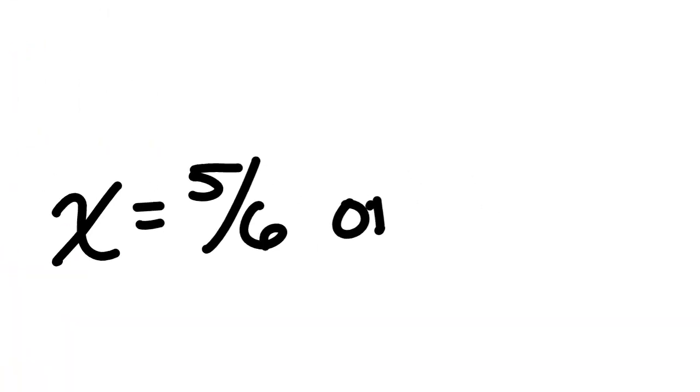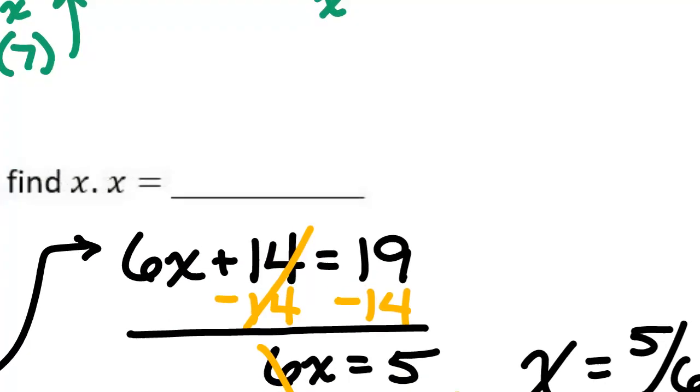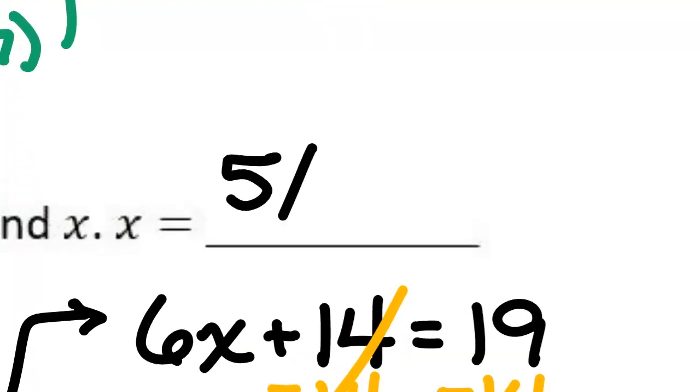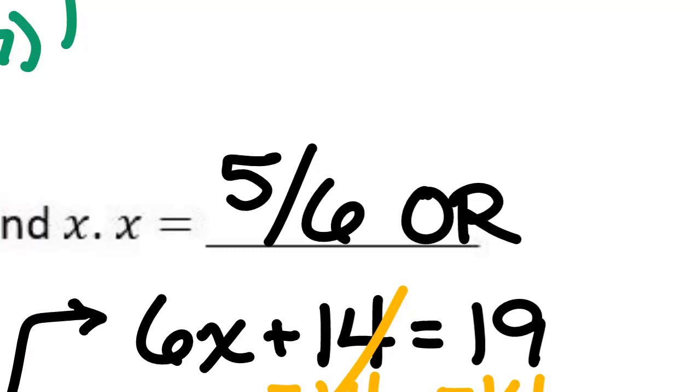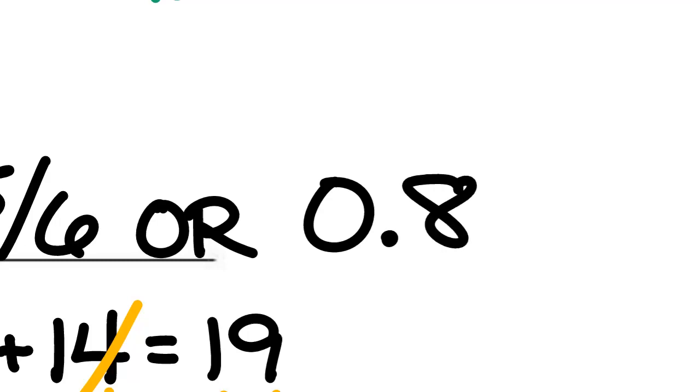If you forget that and you pop it into your calculator, what does the calculator say when you do 5 divided by 6? 0.83 and then 3. So we put a bar over the 3. Whatever part is repeating, we put a bar over that to show that it's a repeating value. So x is 5/6 or 0.83 with the 3 repeating.